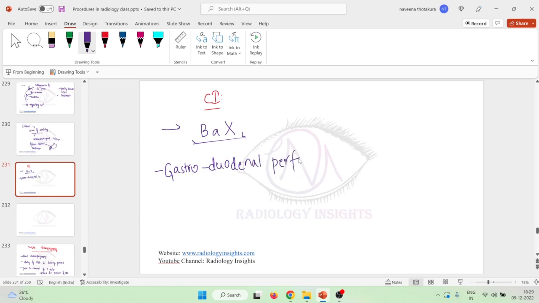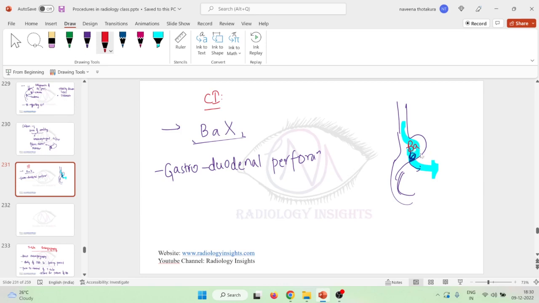What happens in perforation is that if this is the stomach and duodenum, and there is a perforation here, the contents present in the stomach will come out and enter the peritoneum. Because we are using barium as a contrast agent, we give a certain amount of barium to the patient.